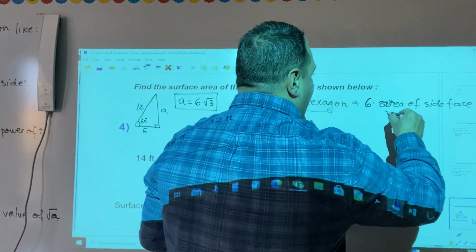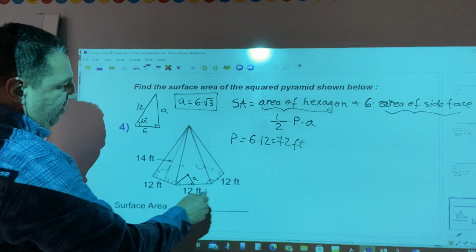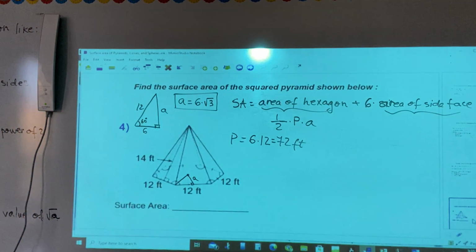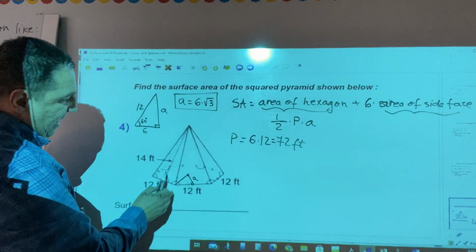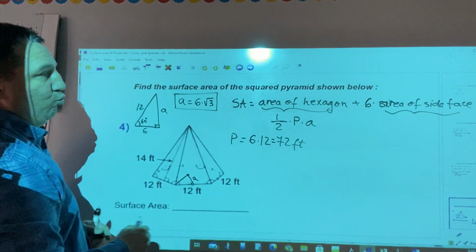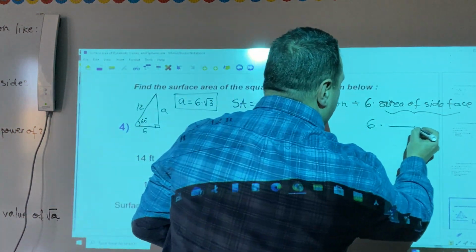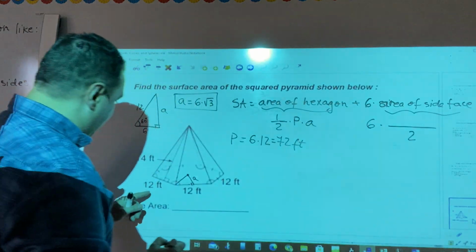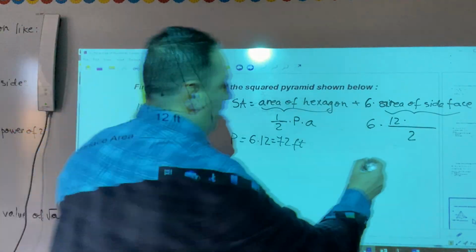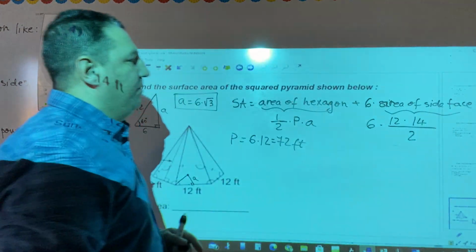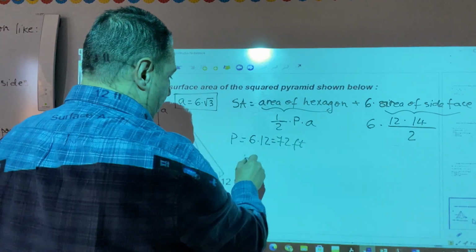Now, the area of a side face would be the area of one triangle, which is the base 12 times height divided by 2. So, you're going to have 6 times base 12 times height 14, right? Good.